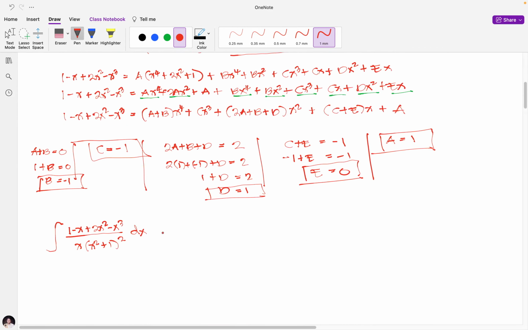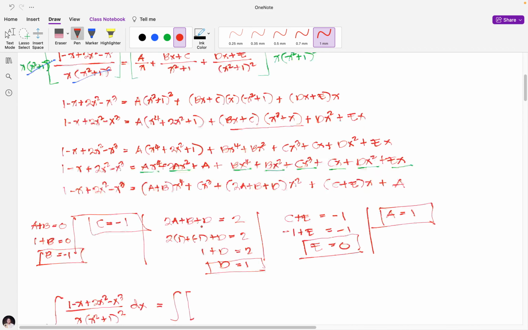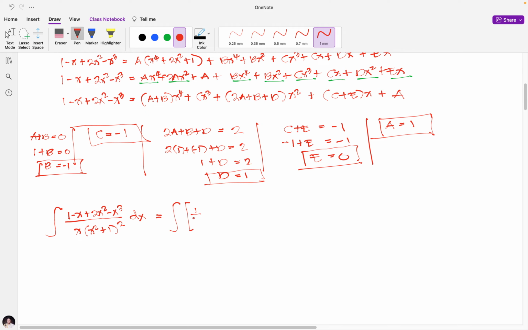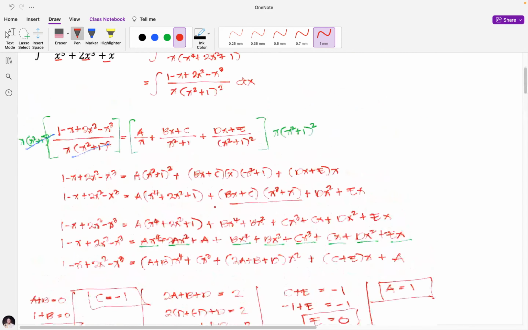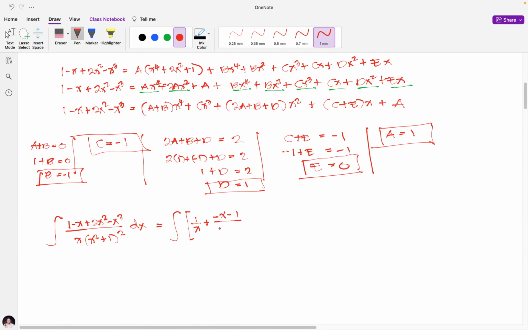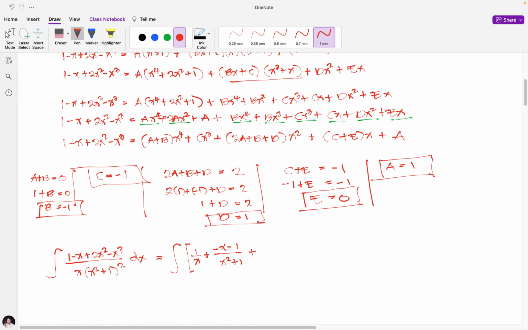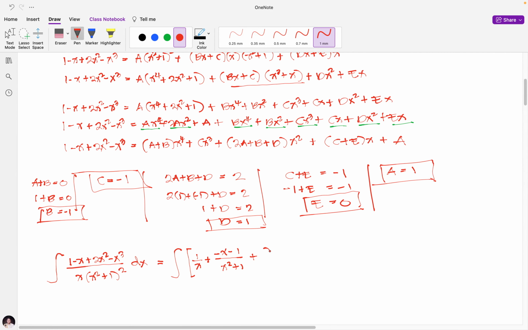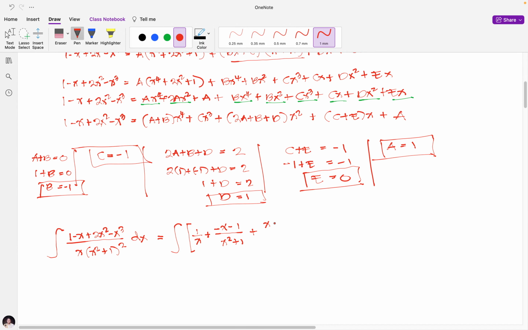So that is just equal to the integral of a over x, so a is 1 over x, plus bx plus c. b is negative 1, so negative x, plus c is negative 1, so minus 1, all over x squared plus 1, and plus d is 1, so dx, so x na lang yan, and e is 0, so plus 0, over x squared plus 1 squared dx.